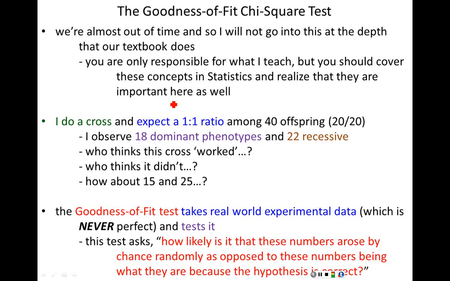In other words, the chi-square test tells you how trustworthy 18 and 22 are if your prediction was 20 and 20, and tells you how trustworthy your outcome of 15 and 25 is, given your prediction of 20 and 20.